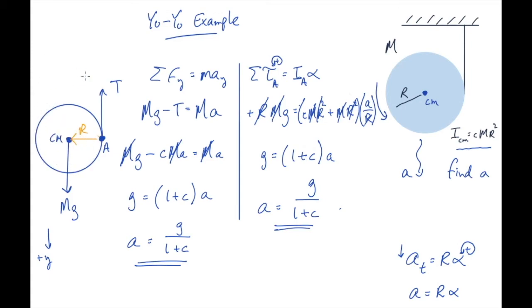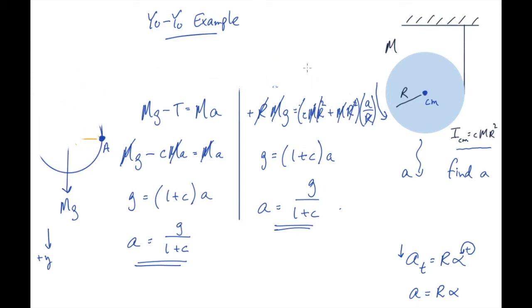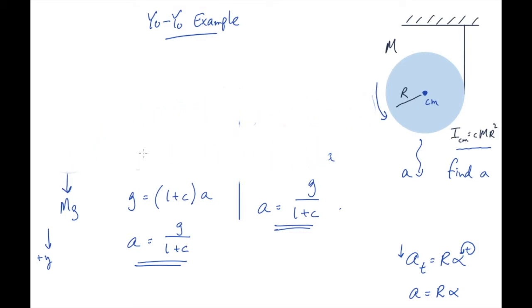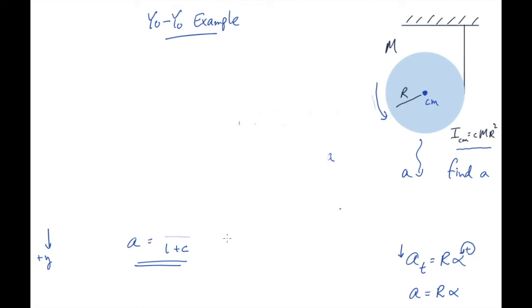We won't need the free body diagram or Newton's laws. So let's get rid of all this. And as it turns out, we won't need this no-slip condition on acceleration.